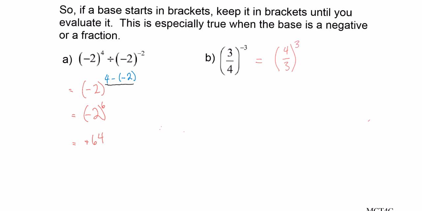The moment I flip my fraction, the exponent becomes +3, or positive. So now we have 4 to the 3 divided by 3 to the 3, because all we've done is taken the 3 and applied it to the top and the bottom of the fraction. And now we get the following answer. Well, 4 cubed is 64, and 3 cubed is 27.